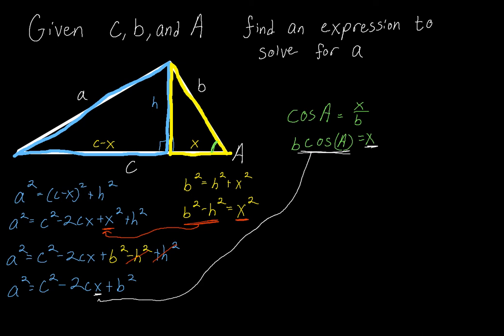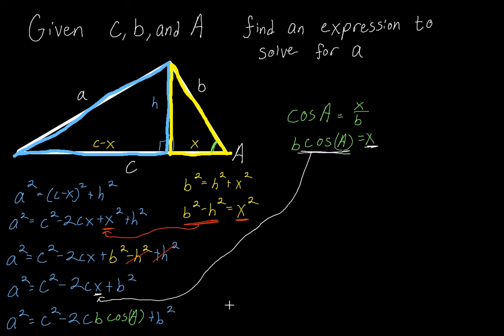So one last substitution on into here, and I'll go ahead and use those colors. A squared equals c squared minus 2c, and this is where we substitute in that x, b cosine of A, oops, sorry, wrong color, green, b cosine of A plus b squared. We have our law of cosines.